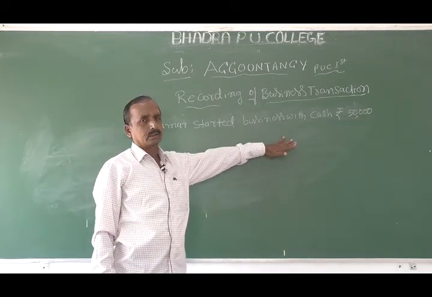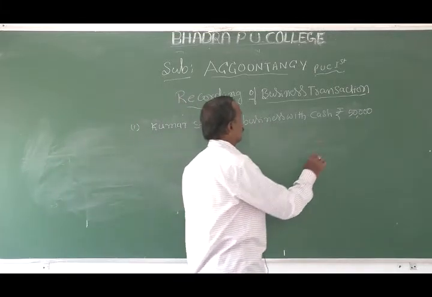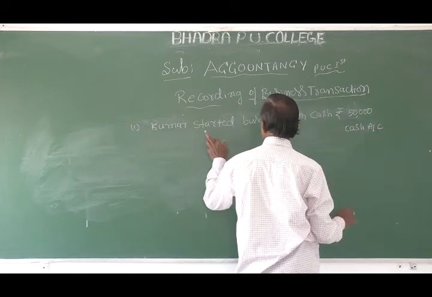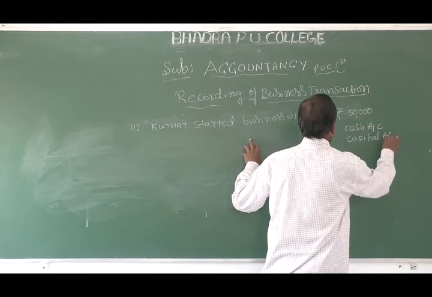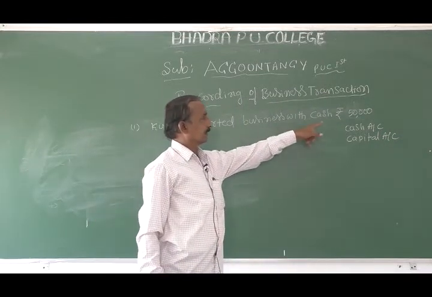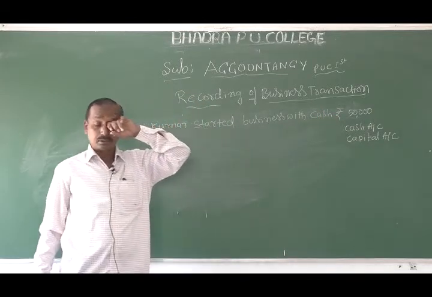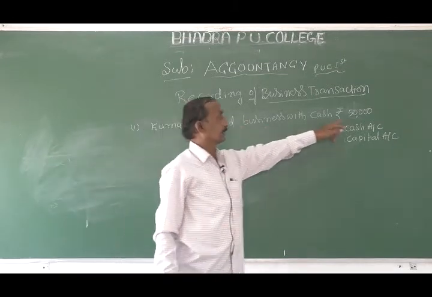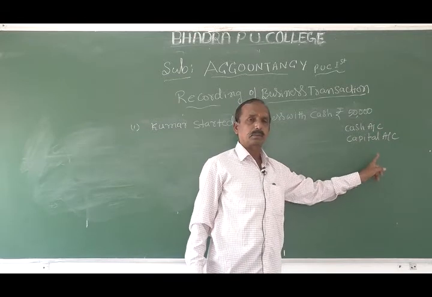This transaction involves two accounts: one is the cash account, another is the capital account. Kumar started business with cash, investing the capital. The amount a person initially invests in the business is called capital. Because he started business with cash rupees 50,000, there are two accounts: one is the cash account, another one is the capital account.